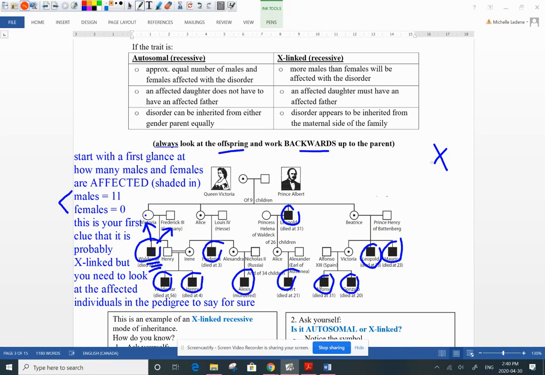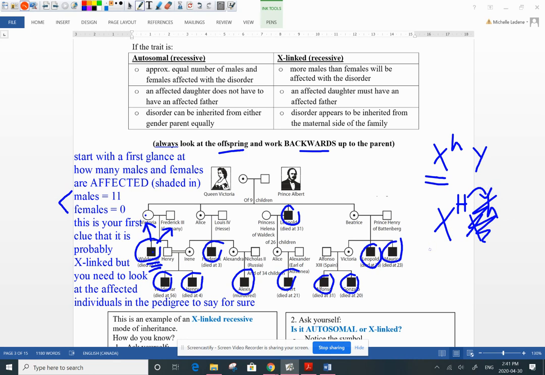Guys only have one X chromosome. So if they receive an allele, like the hemophilia allele, and they don't have a second X, they're going to express that trait. They're going to get hemophilia. A female sure could have that hemophilia allele, but reminder, she has a second X. So she has the normal that overpowers, it's dominant to that recessive.